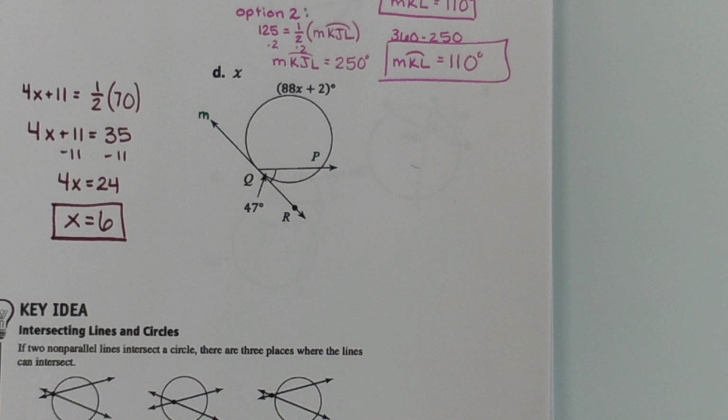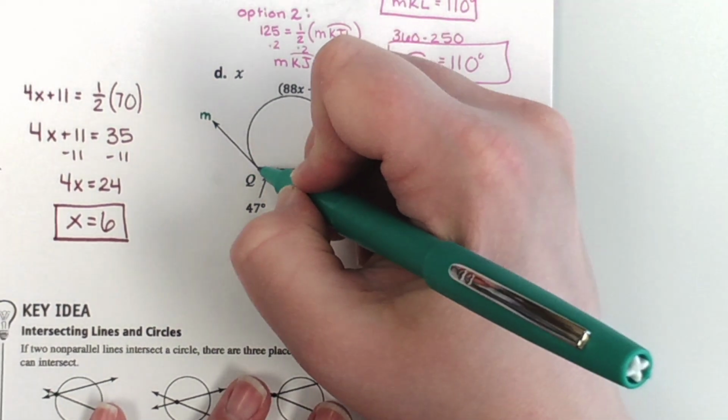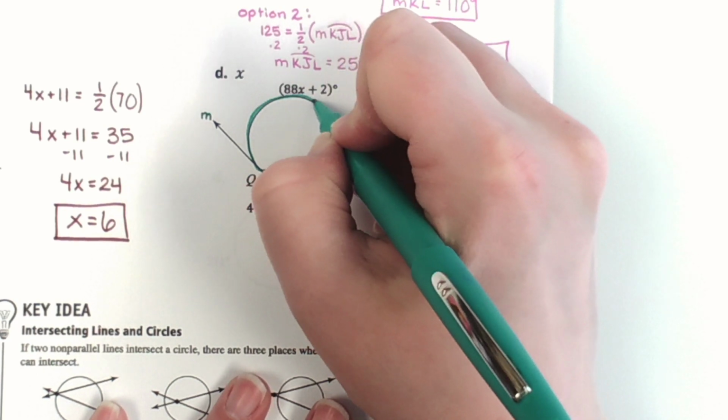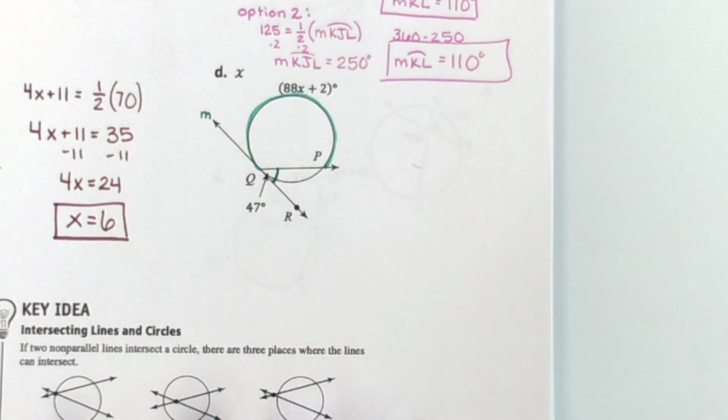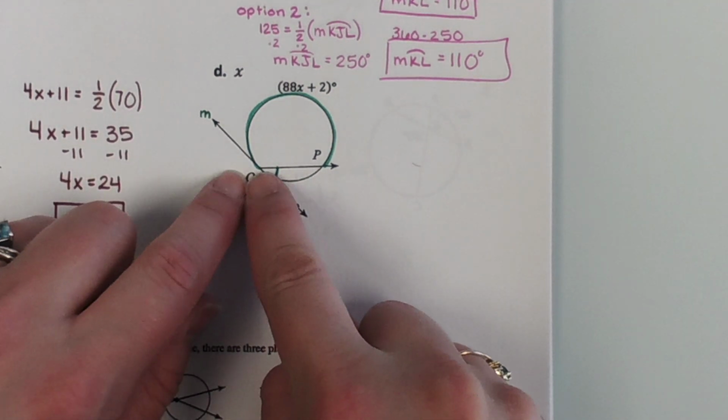Problem D. Here's my angle. Here's the arc I know. Are those the correct corresponding angle and arc? Mm-mm. They're on opposite sides of the chord. This angle goes with this arc.